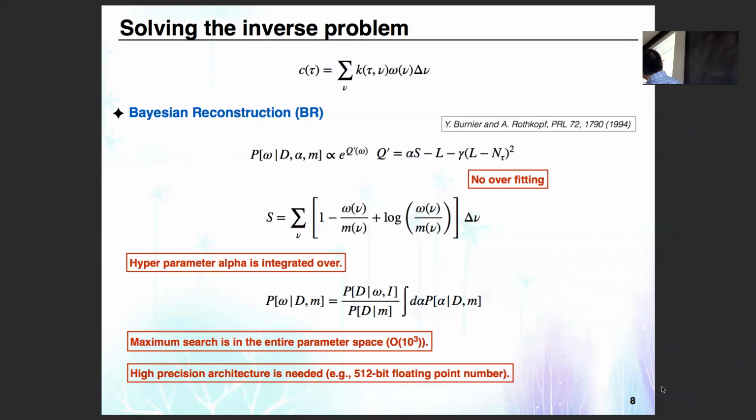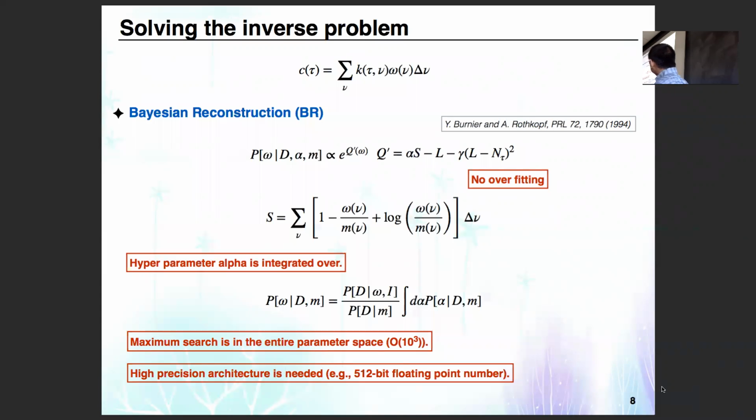One is this term: gamma L minus n tau. This gamma is numerically a very large number, which ensures that L will roughly equal n tau, the number of points we have, which means the chi-square per degree of freedom is around 1.